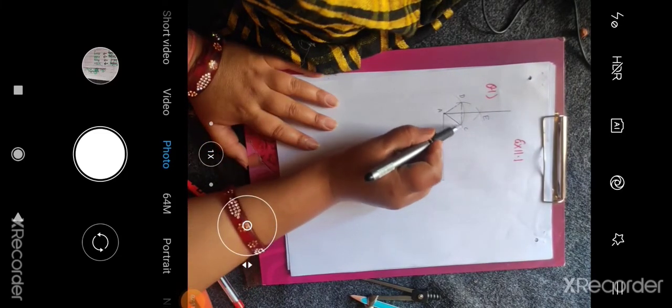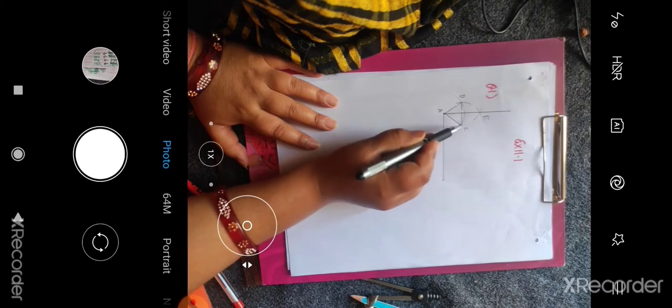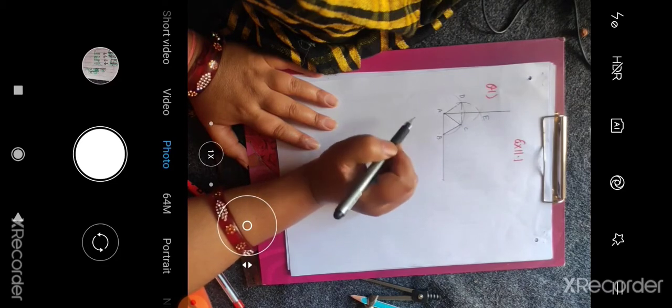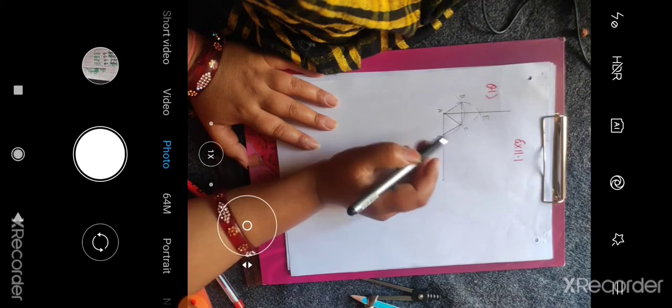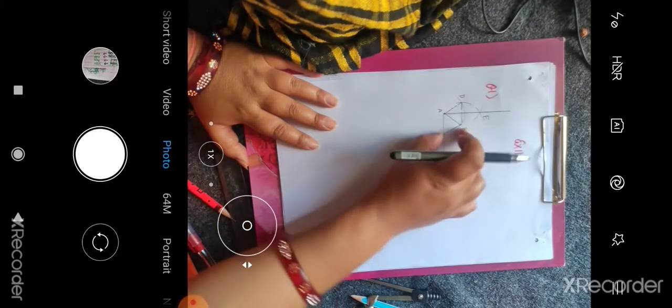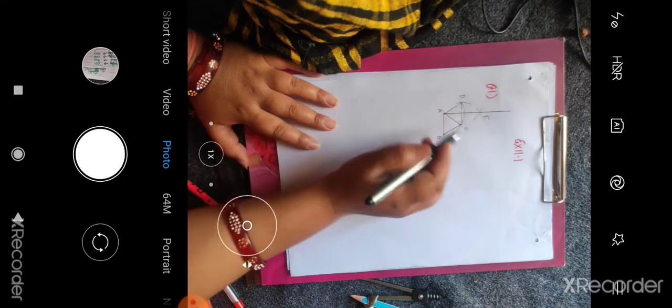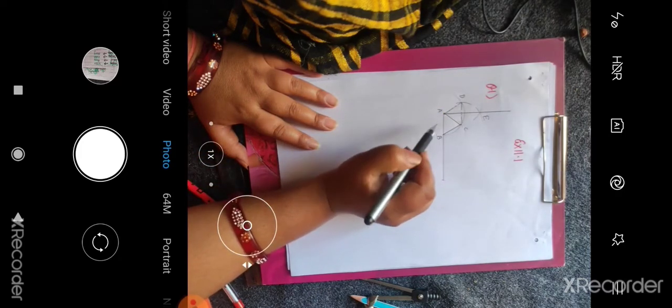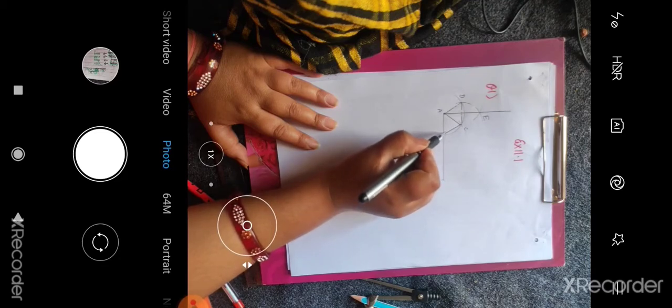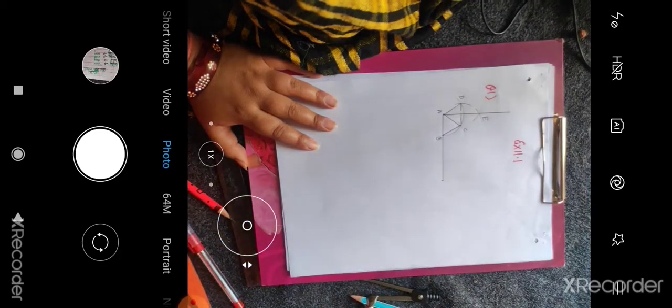Now if you see it carefully, ACB, you can see that it is an equilateral triangle. Why? Because we have taken equal arcs from here. So this triangle is made by all equal arcs, so it is an equilateral triangle. You can say that each angle will be 60 degrees.